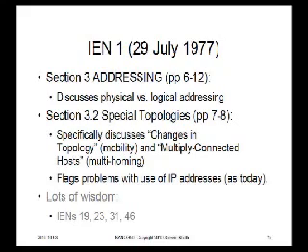And it discusses physical versus logical addressing. And it says that if you conflate these semantics, you're going to have trouble when you have end systems that want to have a change in topology, i.e. mobility, or if they want to be multiply connected, i.e. they want to be multi-homed.